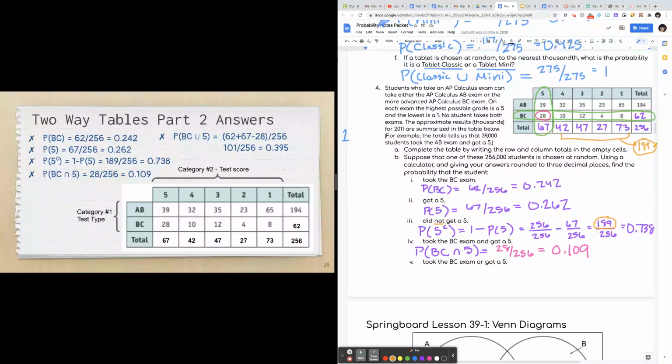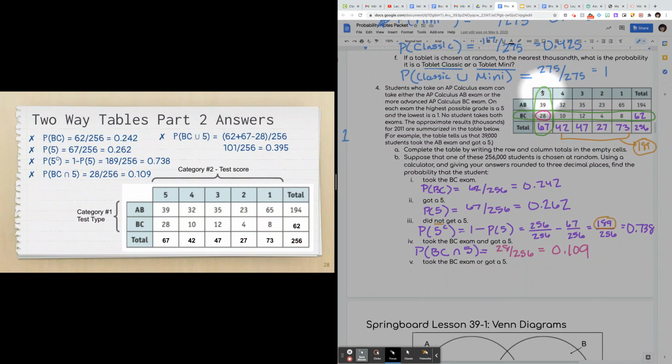Okay, so number 4 is asking us to find what's the probability that I pick a student who both took the BC exam and got a 5. So what you're seeing outlined and circled in green in this two-way table is those two categories, right? Because whenever I'm trying to find an and probability, the goal is to see where those two categories overlap, okay?